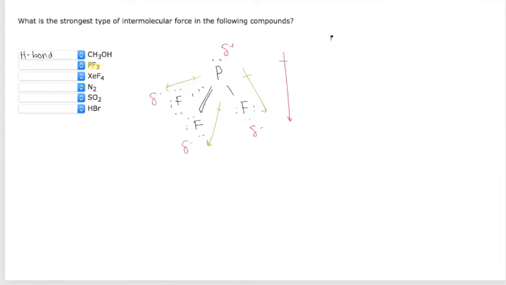So this is a polar molecule, and now we have to ask ourselves if there are any HFON bonds. All we have here are F-P bonds. There aren't even any hydrogens. That means we can classify this as a polar molecule with no H bonding, and so the strongest intermolecular force we have is dipole-dipole interactions.